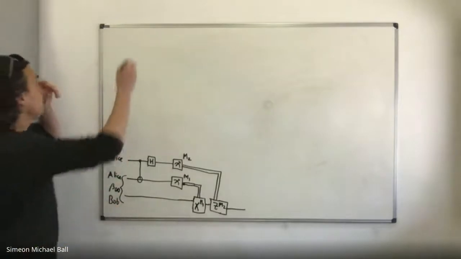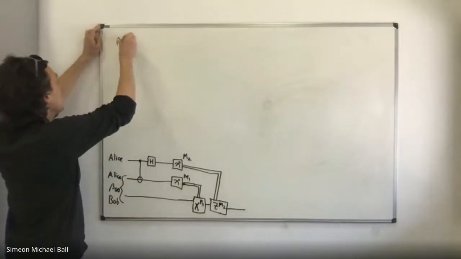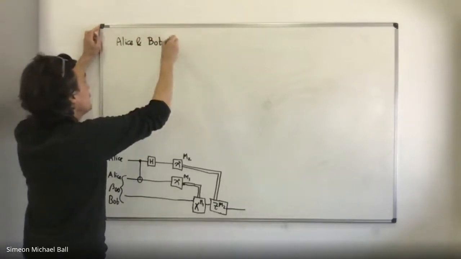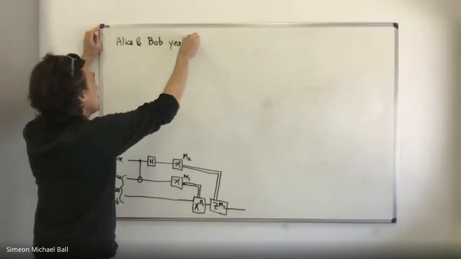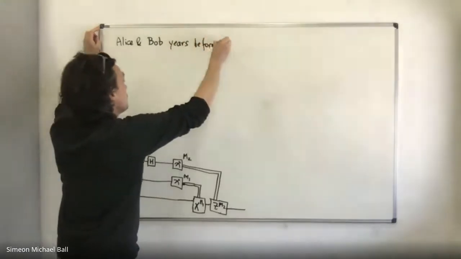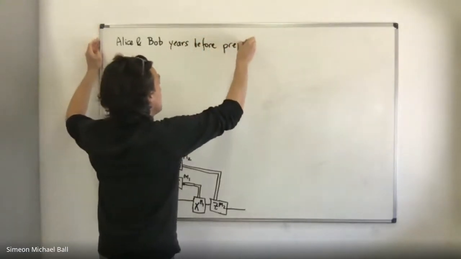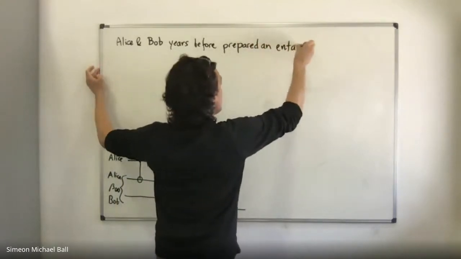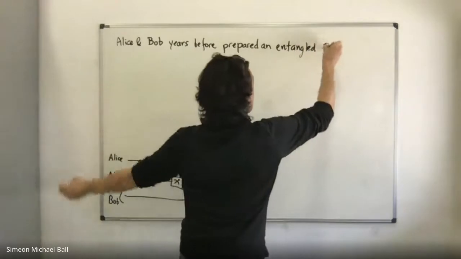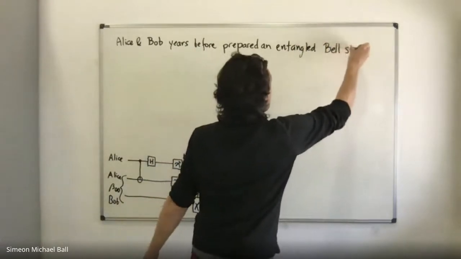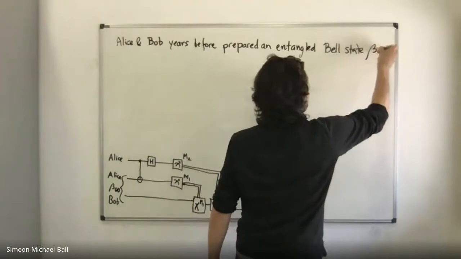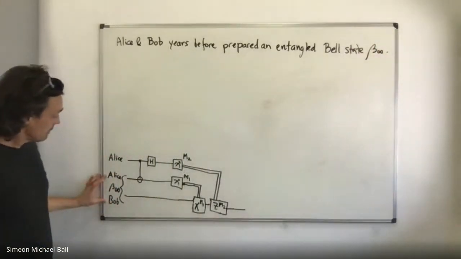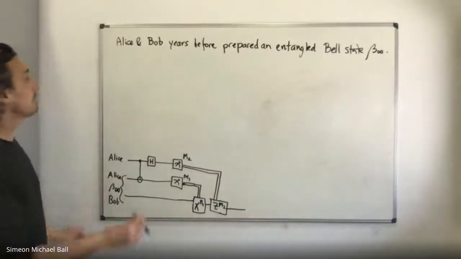What happens is Alice and Bob, years before, prepared an entangled Bell state, beta 0,0.